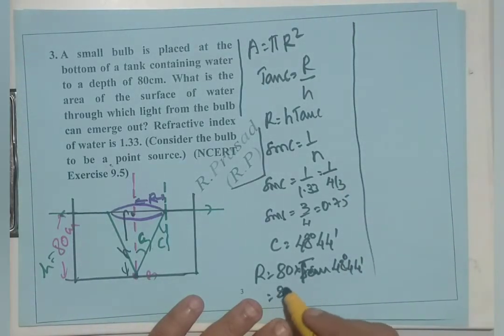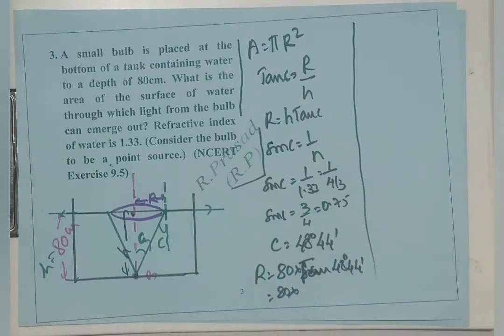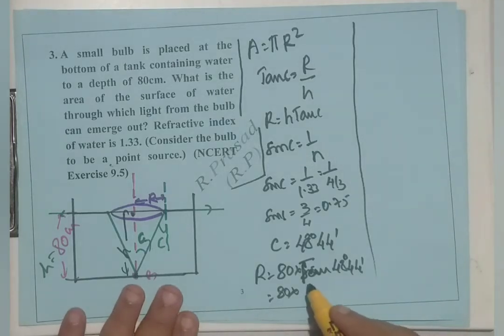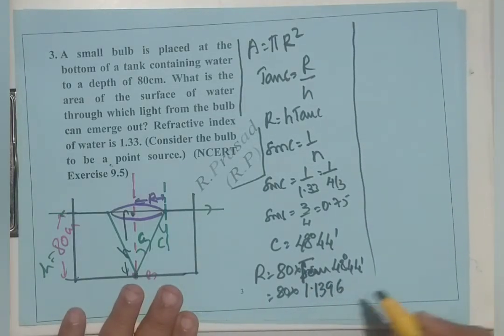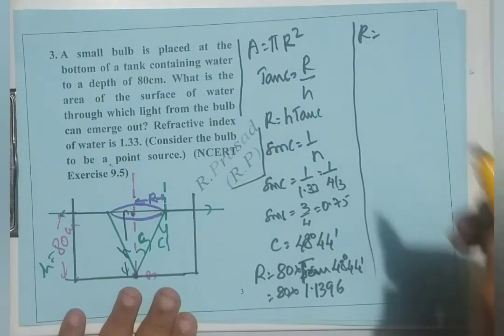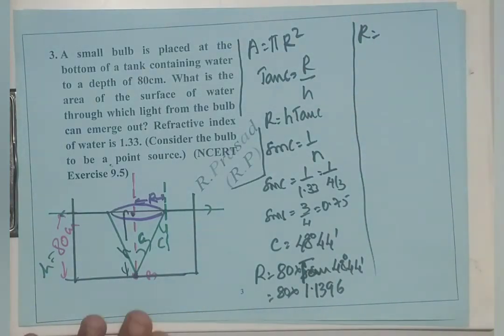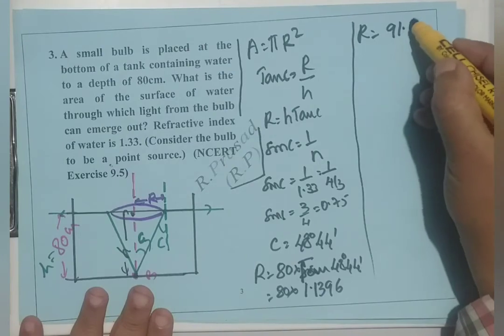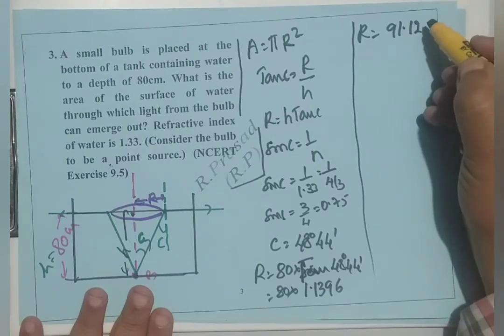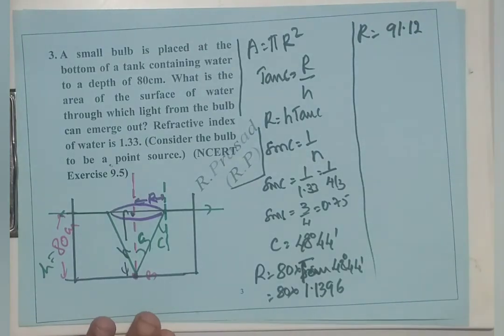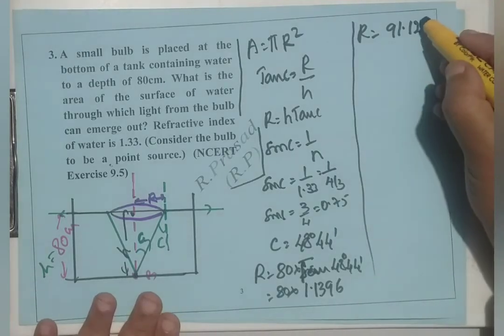Therefore, 80 into tan, 1.1396, which amounts to R equals, say, 91.12, we can write 1168, it comes 91.16.